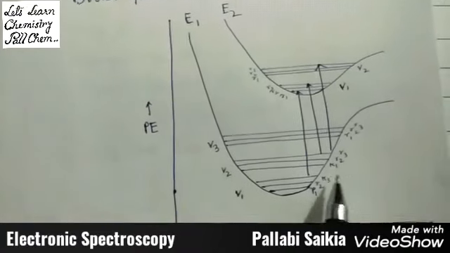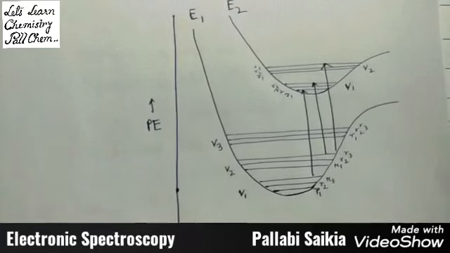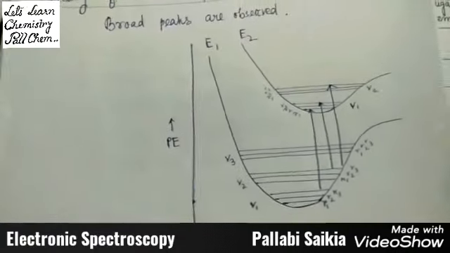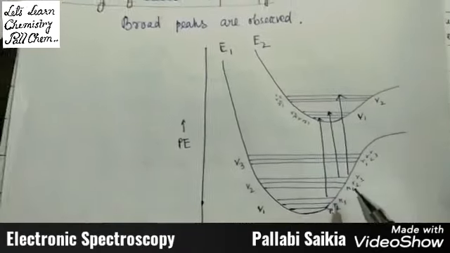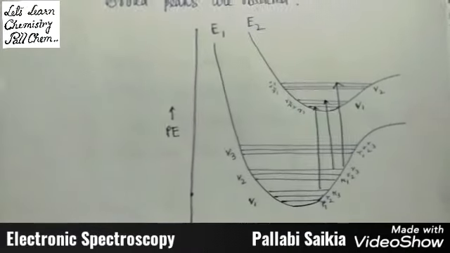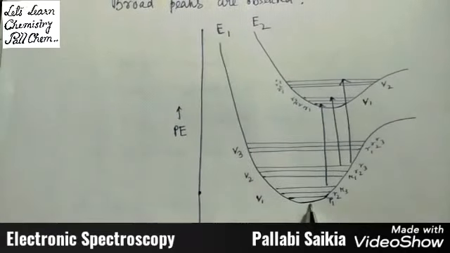Hence, a large number of close wavelengths are absorbed, resulting in the formation of a band, and hence the peak resulting from electronic transition is very broad, not a sharp line, because it involves a number of rotational and vibrational energy levels.